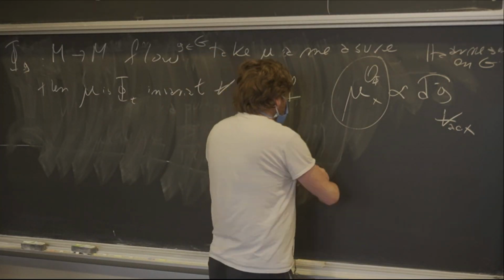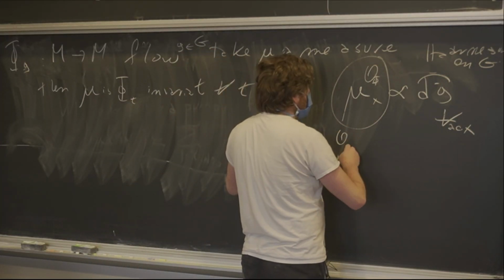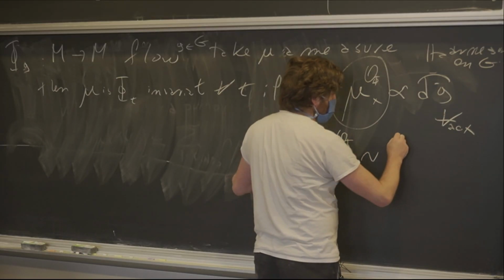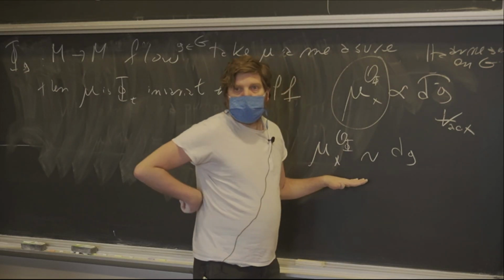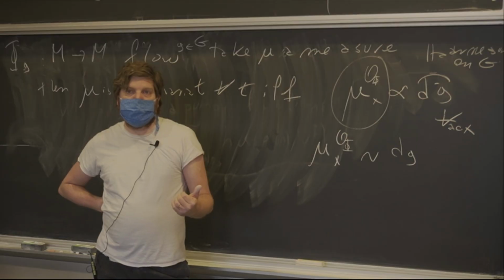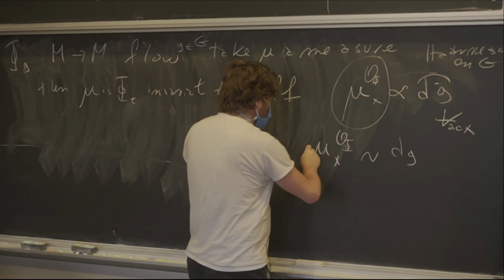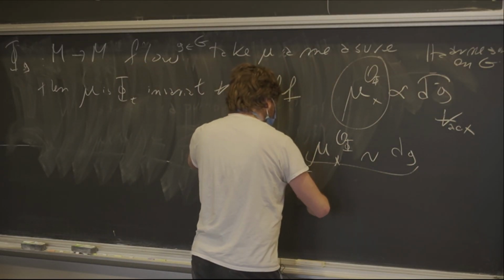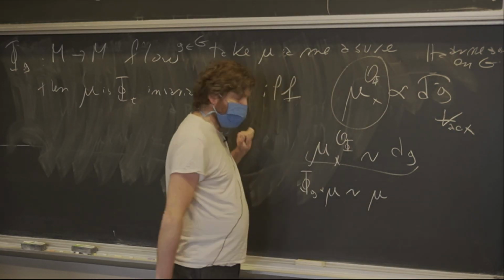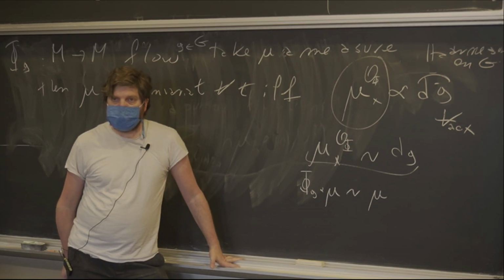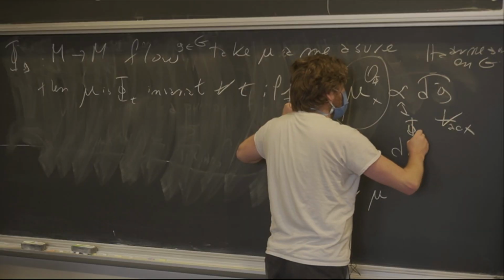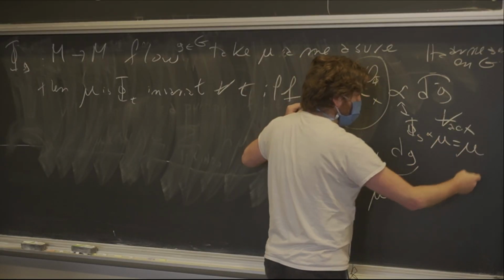Actually, if this is equivalent to dg, then you don't get invariance, but you get quasi-invariance. So this will be the same as phi g star mu being equivalent to mu. Here, phi g star mu is equal to mu.